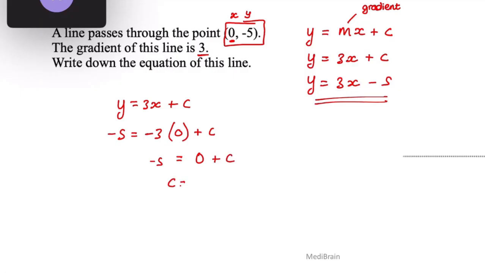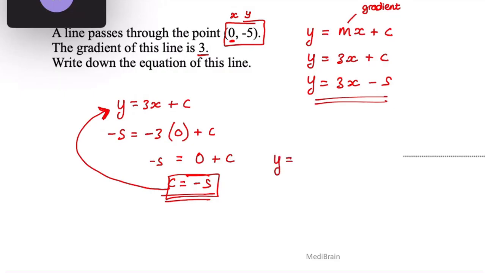So that means c is just equal to -5. Okay, so we have c just equal to -5. So now we know what c is. We can substitute it back into this original equation of y equals 3x plus c. So it's just going to be y equals 3x minus 5.